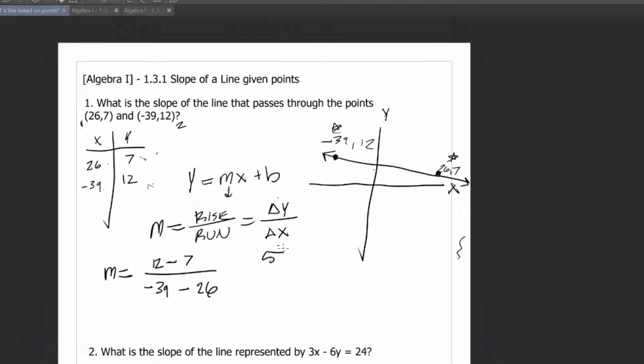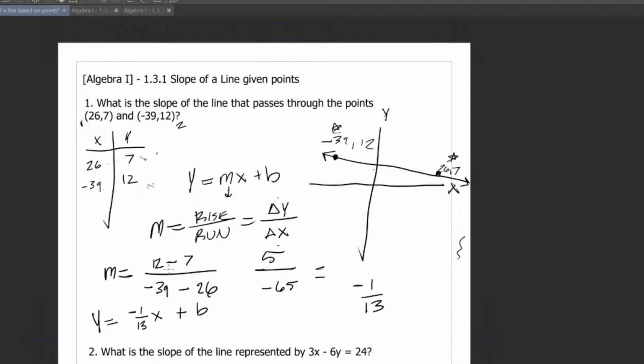And then negative 39 minus 26 is negative 65. So 5 divided by negative 65 gets us the simplified fraction, negative 1 over 13, okay? So we know m, or our equation right now, y equals negative 1 over 13 x plus b.